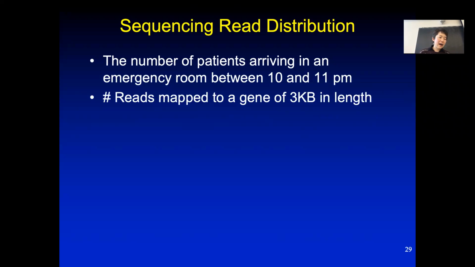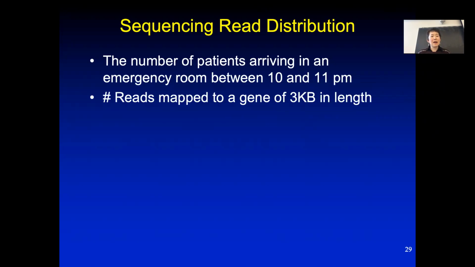When the probability of having a hit in each location is very small, you are asking within the interval, within 10 to 11 p.m., how many patients are going to really come? It's similar to asking, in the 3 billion base pair genome, within 3 kb, what's the chance that you have X number of reads? Because each base having a read has a tiny, tiny probability.